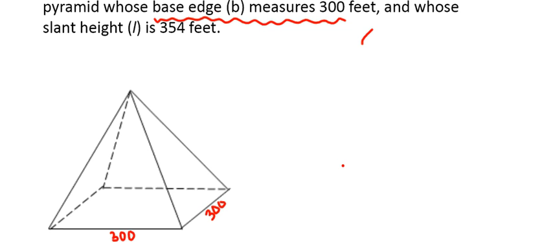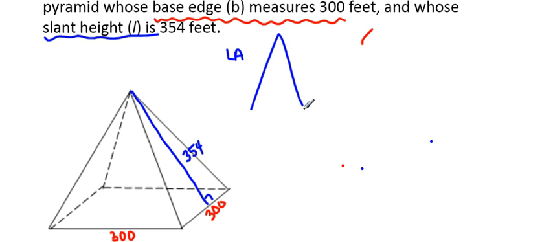Slant height, remember, is going to be the distance from this vertex down the side of the pyramid. So the slant height is 354 feet. So lateral area. In order to compute lateral area, I want to think about what the area is of one of those triangular faces.